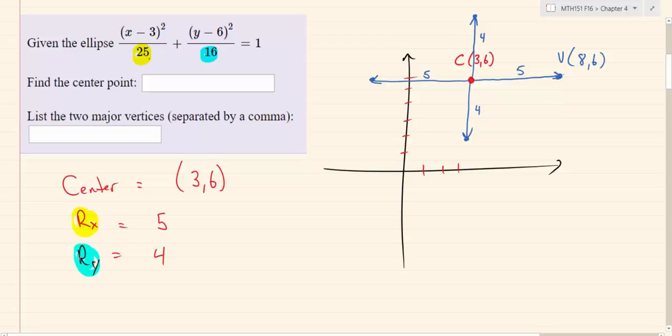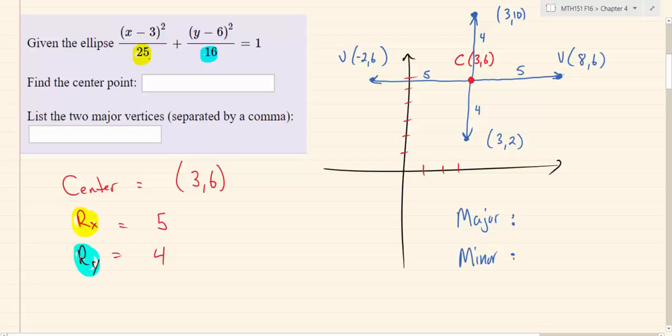Let's go the other way. What's this vertex? The vertex going to the left, negative 2, 6. Let's go up. Starting at 3, 6, what are the coordinates of the vertex above the center point? 3, 10, because you added 4 to the y coordinate. And now you're going to subtract 4 from the y coordinate, and you're going to get 3, 2.